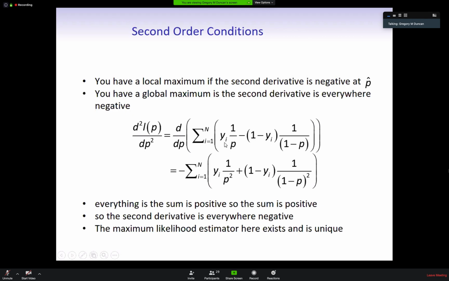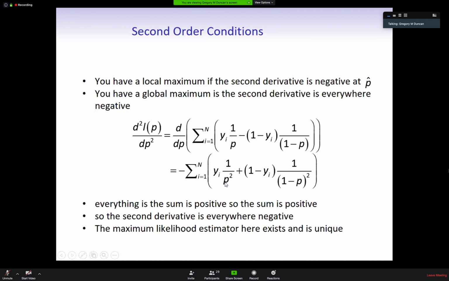Take the derivative of this with respect to p, and you get this number. Everything in the sum is positive, and so the sum is positive. That is, yi is non-negative. Yi is either 1 or 0. And so this could be 0, in which case this is 1. Alternatively, if y is 1, then this is 1, this is 0.